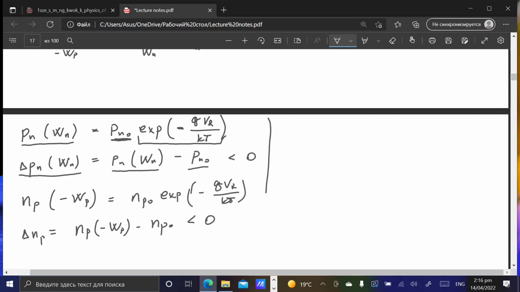So that's why our profile will look like this. So we have our axis x, again our depletion region W, and here we will have smaller concentration.